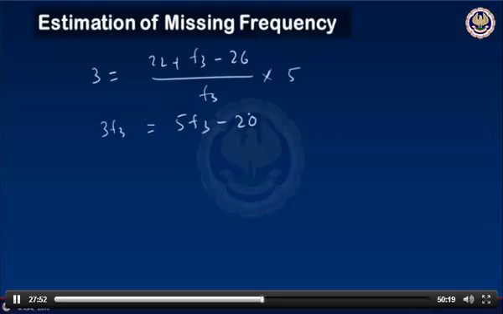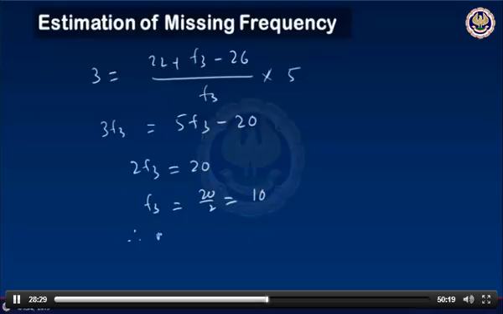Simply, 22 minus 26 is minus 4, 4 fives are 20, and 5 into F3 is 5F3, and the 3F3 is on the other side. 5F3 minus 3F3 is 2F3, so 2F3 equals 20 and F3 equals 20 by 2, which is 10.